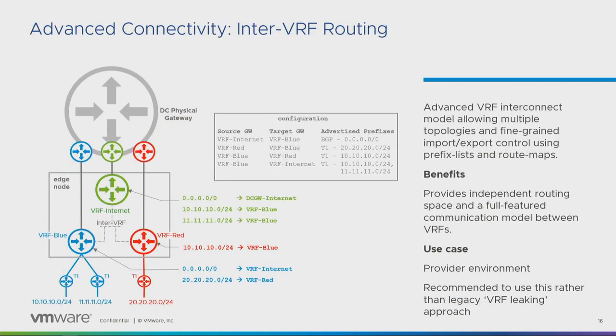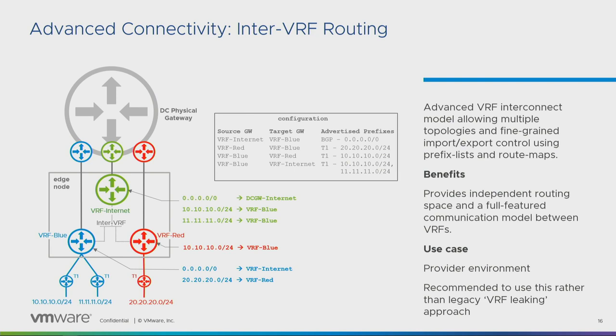Another new feature we introduced is the ability to do inter-VRF routing. In this case, for example, we would like to, let's say, route between the blue and red VRFs. We would allow network 20 to be visible on the blue VRF and network 10 to be visible in the red VRF.